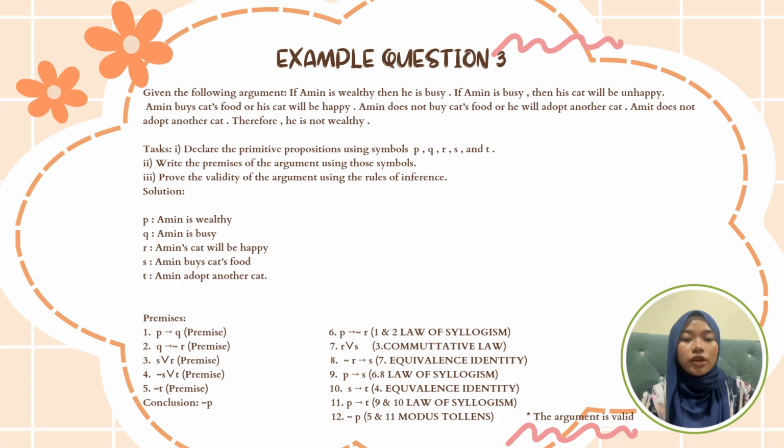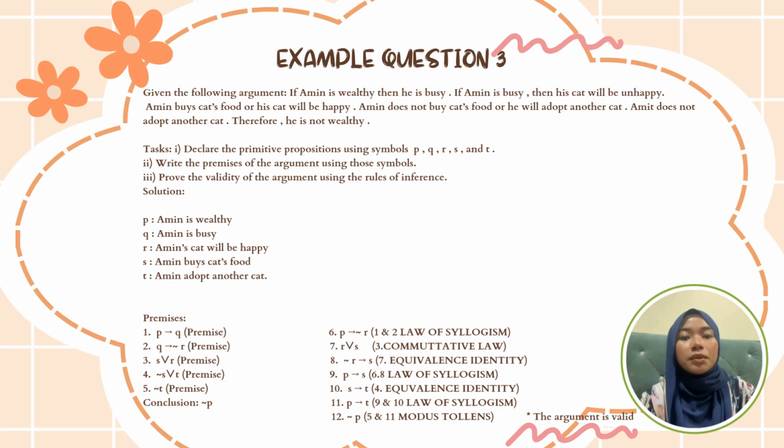So we'll move on to task 1. We will declare these primitive propositions using symbols. P is Amin is wealthy, Q is Amin is busy, R is Amin's cat will be happy, S is Amin buys cat's food, T is Amin adopts another cat. For task 2, the premises: this question has 5 premises and 1 conclusion.